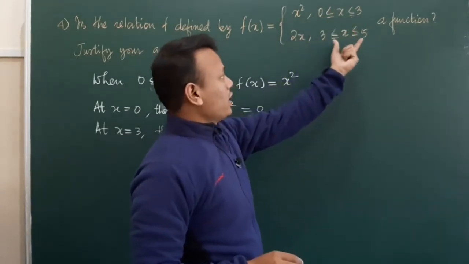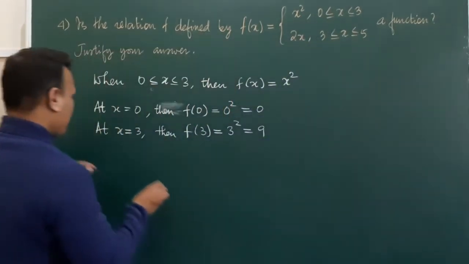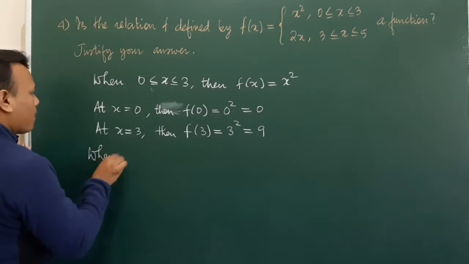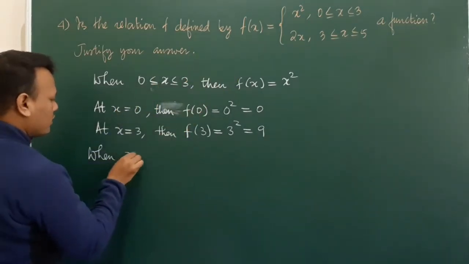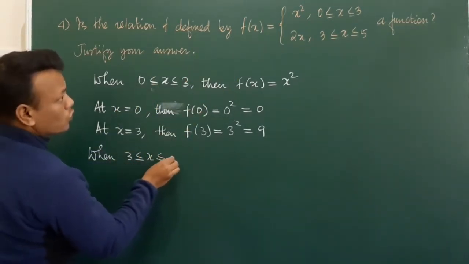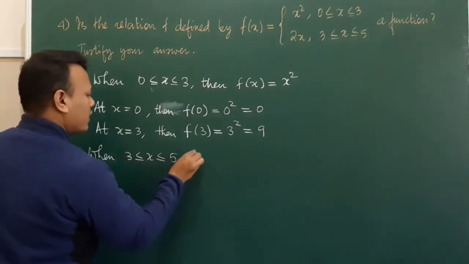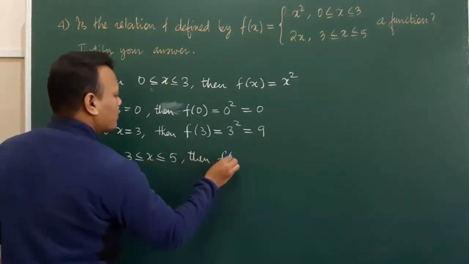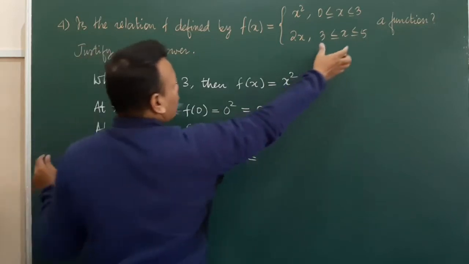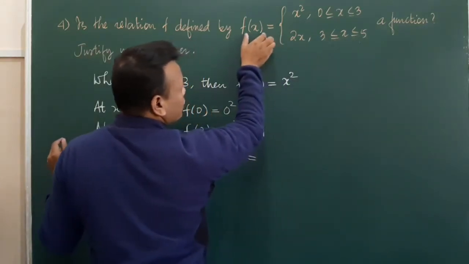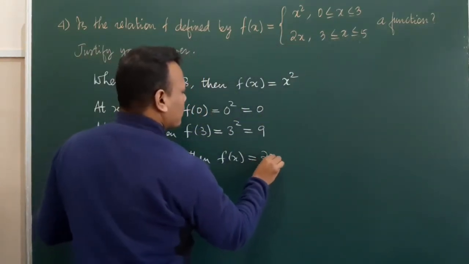Now let's take the second case here. When 3 is less than or equal to x is less than or equal to 5, then what is the value of the function? Then f(x) is equal to 2x.